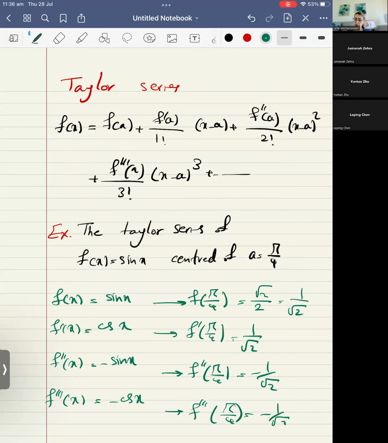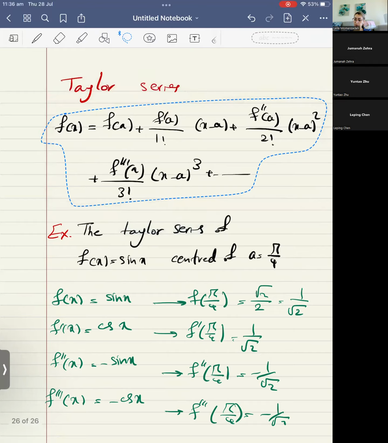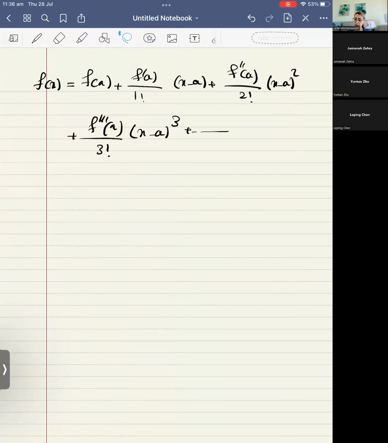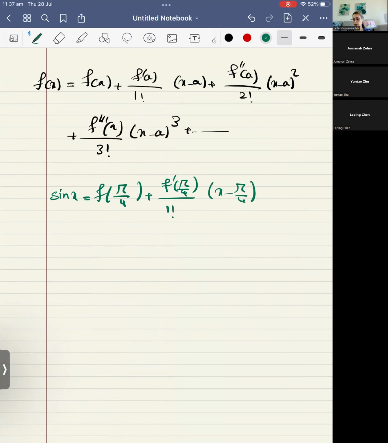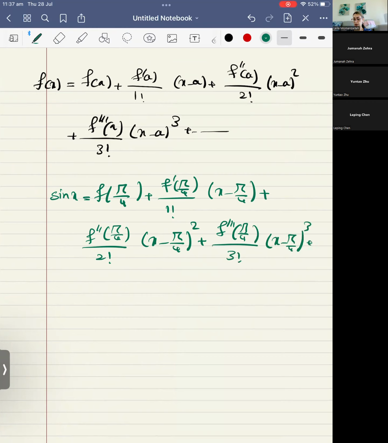Now, if I use the Taylor series, it means that sine x is equal to f(pi over 4) plus f prime(pi over 4) over 1 factorial (x minus pi over 4) plus f double prime(pi over 4) over 2 factorial (x minus pi over 4)^2 plus f triple prime(pi over 4) over 3 factorial (x minus pi over 4)^3 and so on.